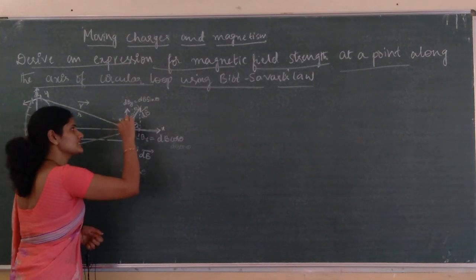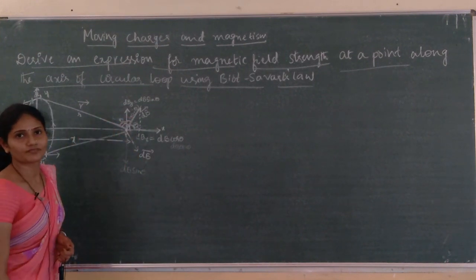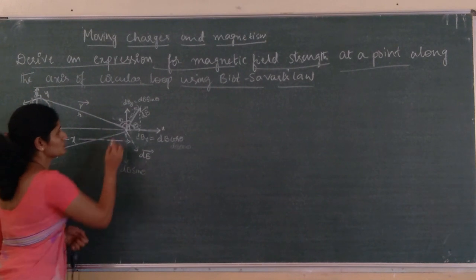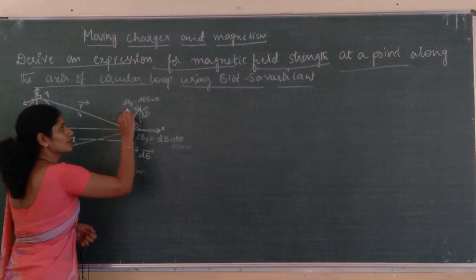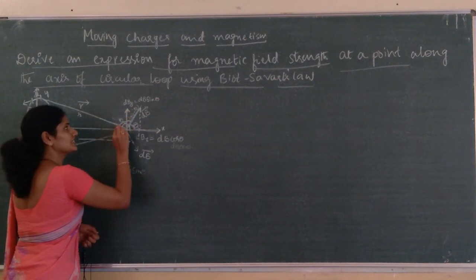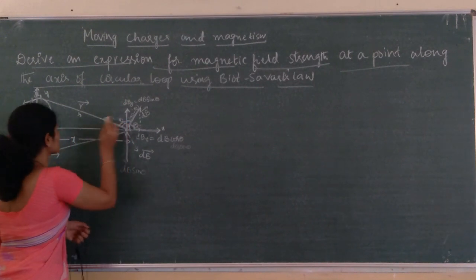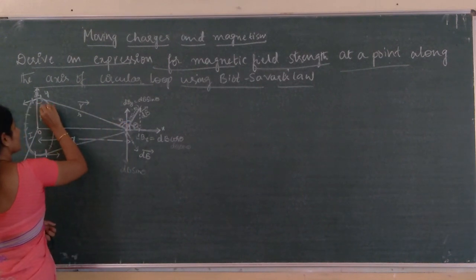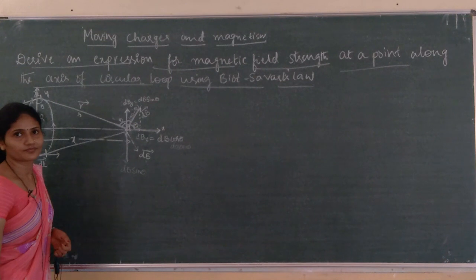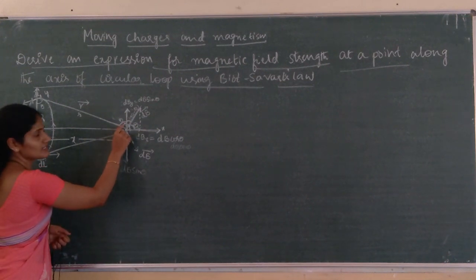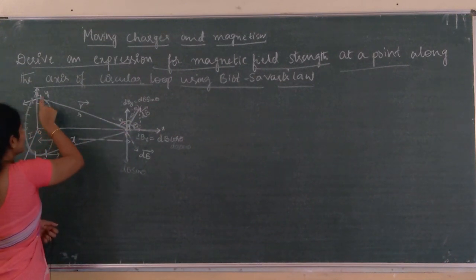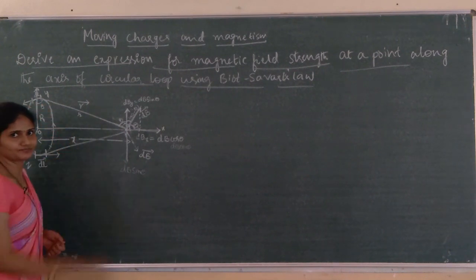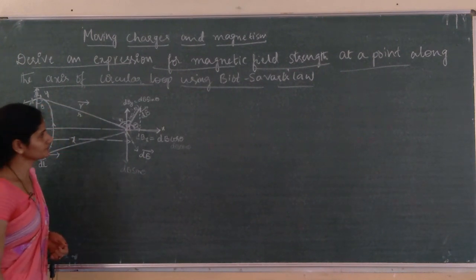So the total angle is 90 degree, right. The angle between these two is theta. By geometry, this angle is also theta. So this angle is theta, so this angle is also theta, understood.